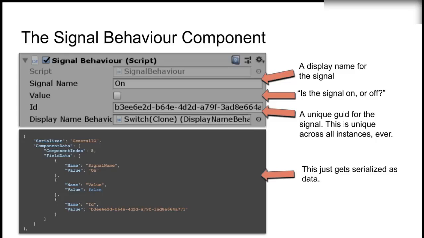Yeah, they just get created as soon as the object is created, and they're created randomly. When you actually place a door in the scene, it goes through the on awake function on the signal behavior, which just says, if I don't have an ID, give myself an ID, and it's random. Cool.